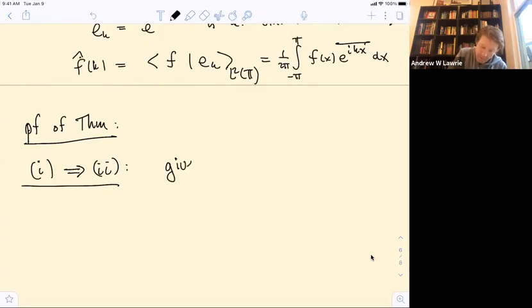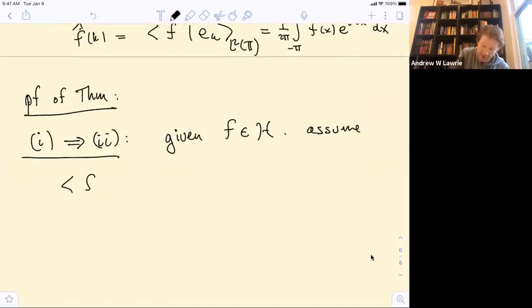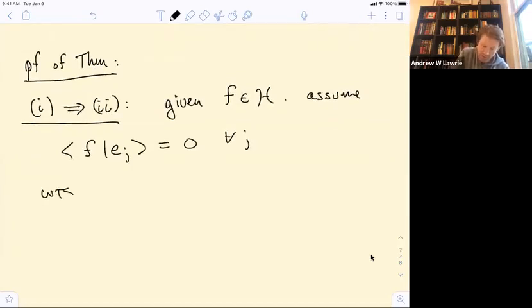Given f in H, assume that f paired with EJ is equal to 0 for every j, and we want to show that f is identically 0.